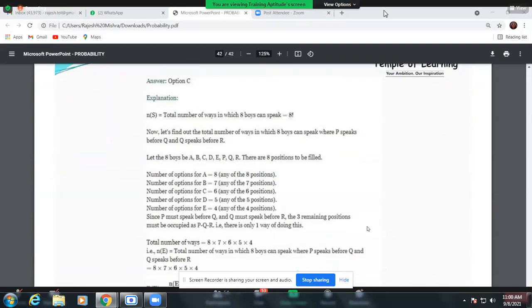Now, if you look at this, number of positions for P is any of 8, number of positions for Q and so on. P speaks before Q, Q speaks before R, and the 3 remaining positions can be occupied. You see, there's only one way of doing it.